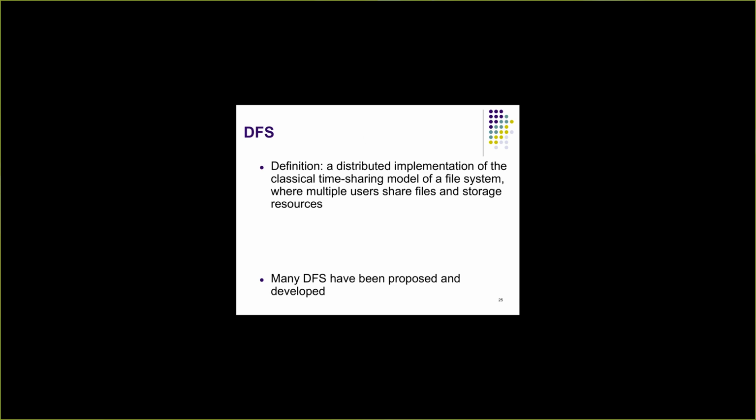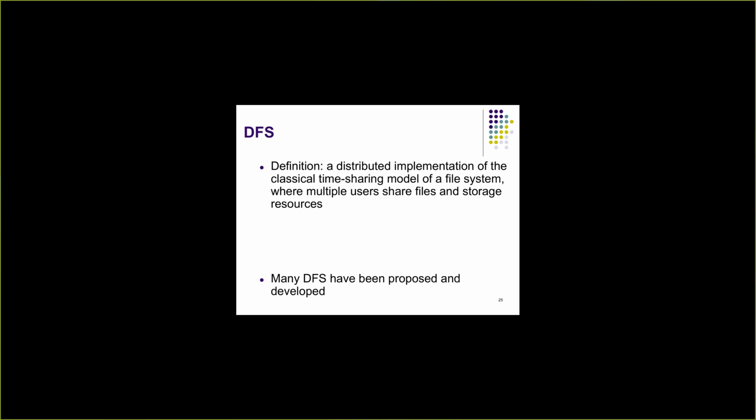Formally, a distributed file system or DFS is a time sharing model of the classic file system. With respect to the operating system analogy, we can consider a file system as a batch processing system, like the initial operating systems. Now, a distributed file system is a time sharing model of a file system, where multiple users share files and storage resources, which are spread across different computer nodes in the network.